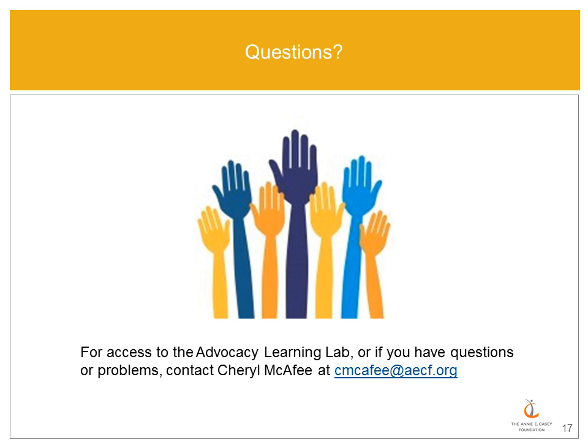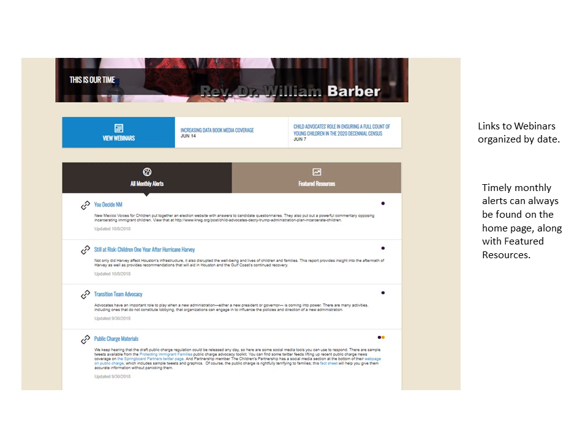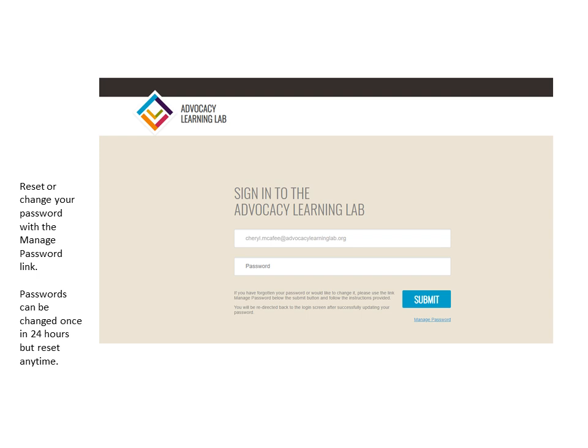Yes, and I'm just going to go back to the page that shows the login. There we go. So when you log in, you will use the login password that you receive or have received. It's always ended by @advocacylearninglab.org. That's always the last part of your password.